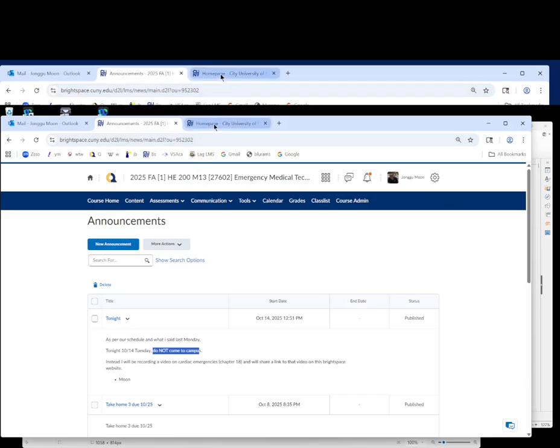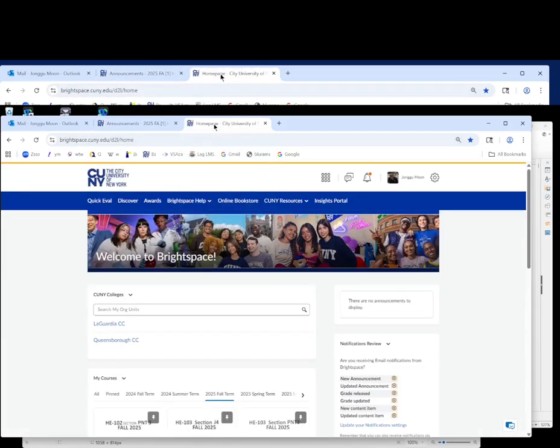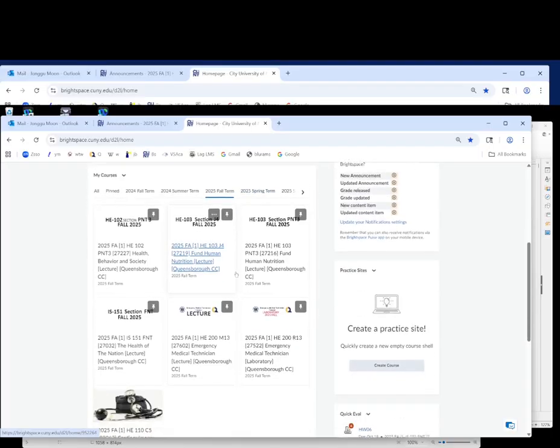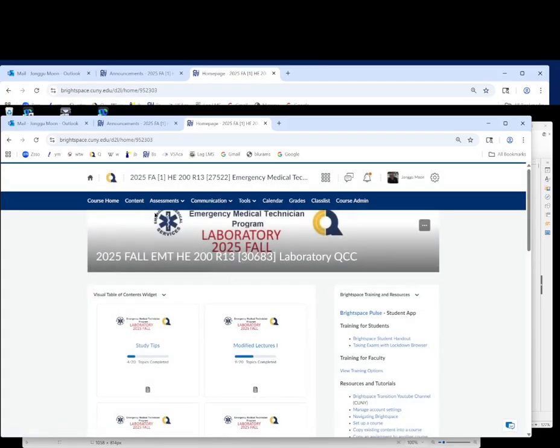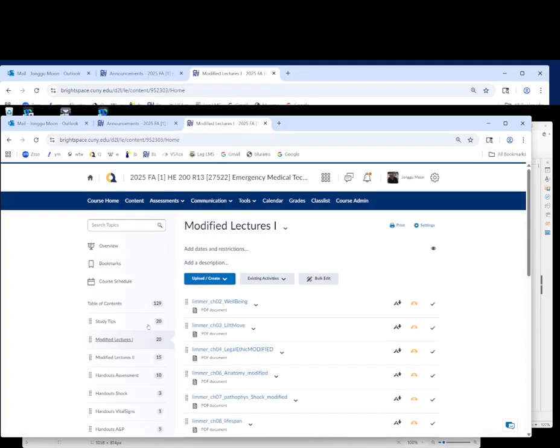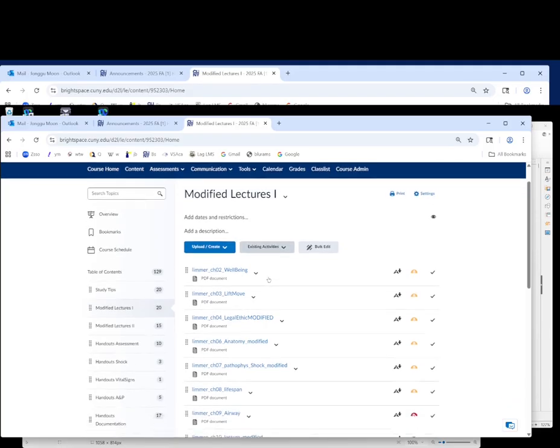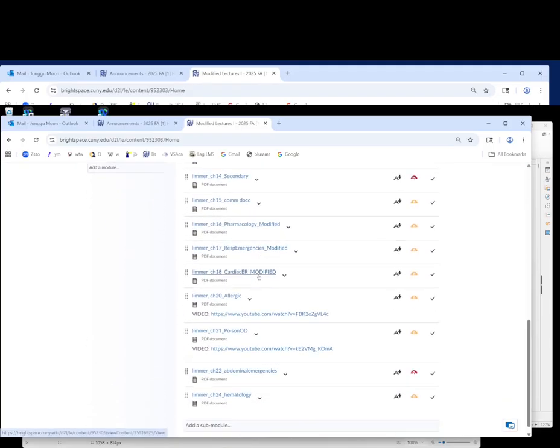So anyway, as usual per our lectures, you can download the slides for yourself. You go to the Brightspace for EMT where it says red letters laboratory, and you go to that Brightspace page, and then you click on modified lectures, part 1. Scroll down until you see Chapter 18, which is the lecture for today, Cardiac Emergencies.